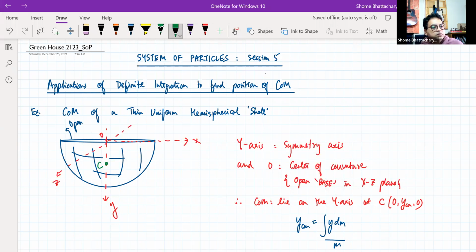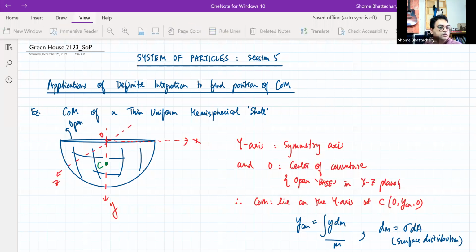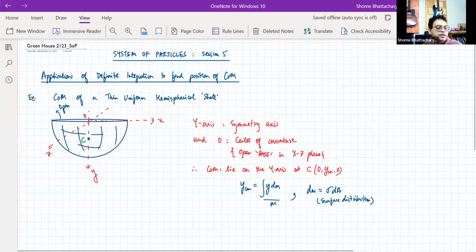And in this, once again, because it's a surface distribution, dm will be sigma dA, where dA is some differential part of the surface of the hemisphere. Okay. So now, can you tell me what will be the convenient way to take dA?